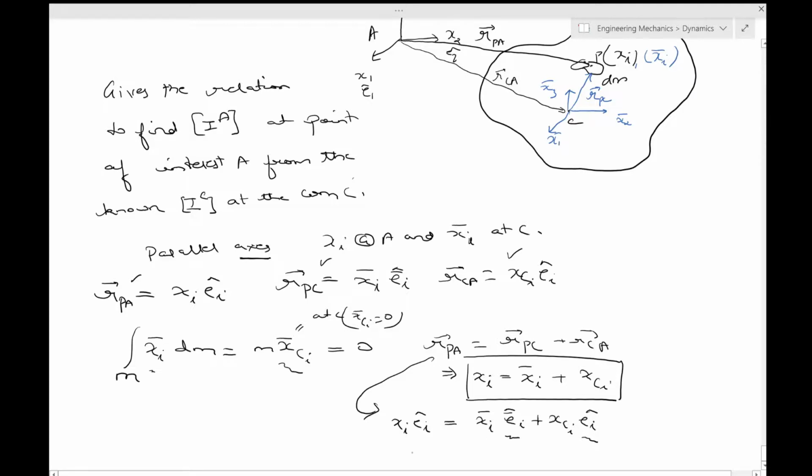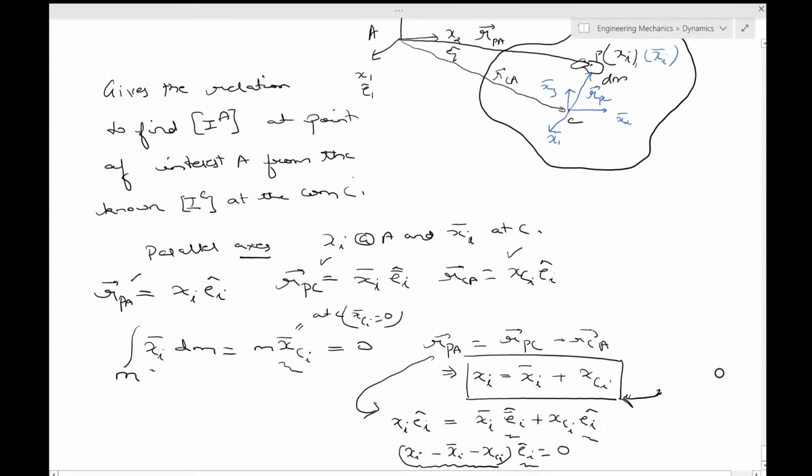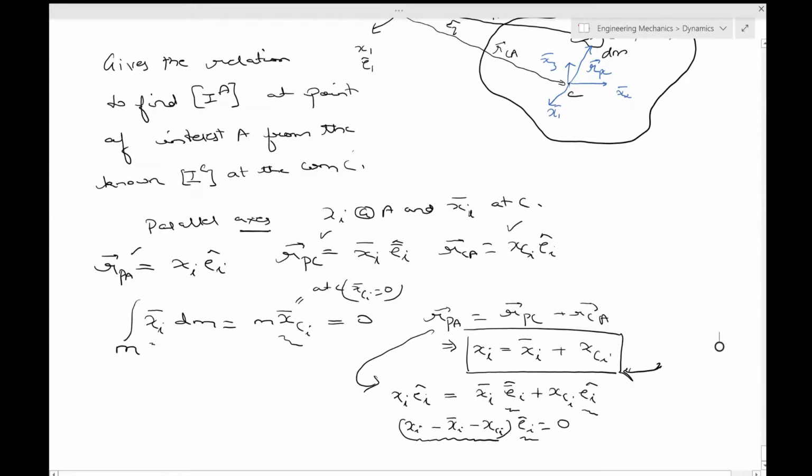That's why you can write that xi minus xi bar minus xci, times ei hat, is equal to 0. Since this is valid for all ei's, this particular thing must be 0, and that's the reason we are writing this. So that's one thing which we have sorted out of the way.